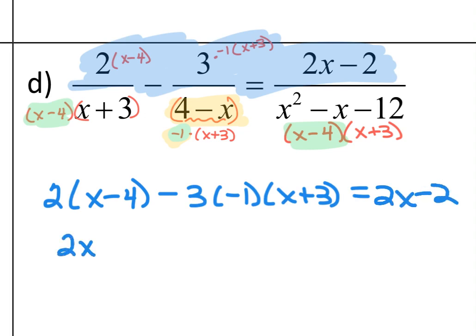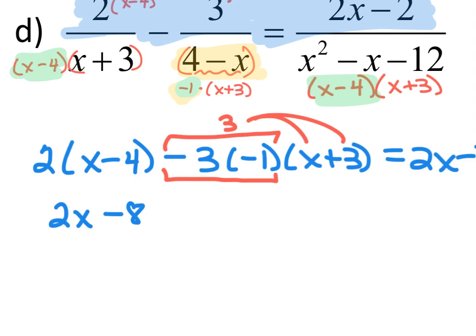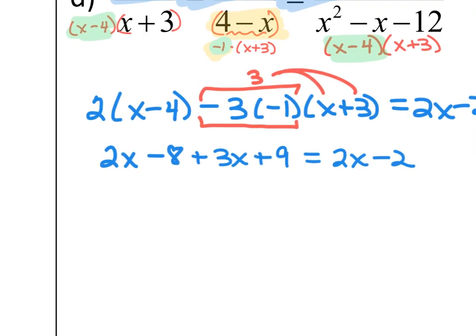So 2x minus 8. Now look at this. Plus 3, that whole thing is positive 3, and I'm going to distribute it across the parentheses. So I end up with plus 3x and plus 9 equals 2x minus 2.